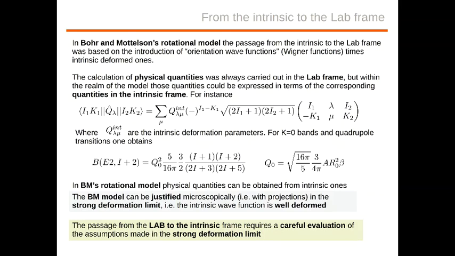So you have to try to make a microscopic connection with the previous theory we were talking about in the previous transparencies. And it can be proved, and it's not difficult, that in the strong deformation limit of the intrinsic wave function, that means the intrinsic wave function is very well deformed, you can work out all the very sophisticated and involved expressions with the projectors, and you can remove all of them, and you end up with the results and predictions of the Bohr-Mottelson model.